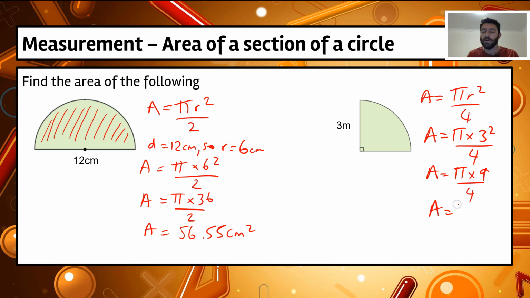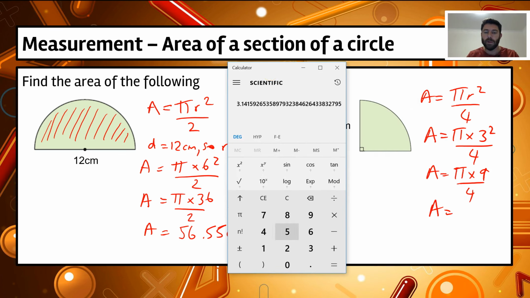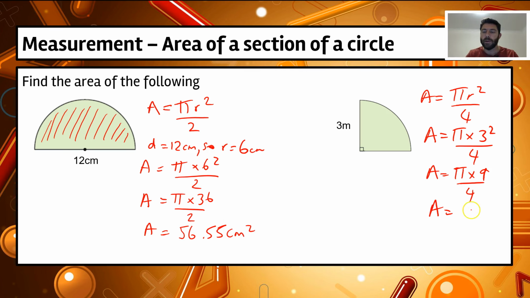That equals, calculator, pi times 9 divided by 4, 7.068. So the third decimal place is higher than 5, so we go to 7.07. Make sure that's a 0. And we're in meters squared. Alright, so once again we've calculated the area of that section.